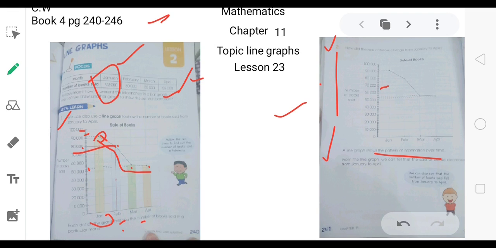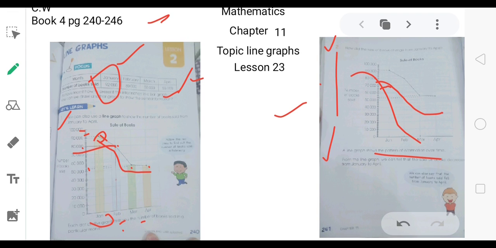In March it becomes 55,000. In April it becomes 53,000. In tables you can say that it decreases from January to April. But in the line graph, look at over here, it starts from this side, comes to this and this side. This line goes down like this. It means it decreases from January to April.